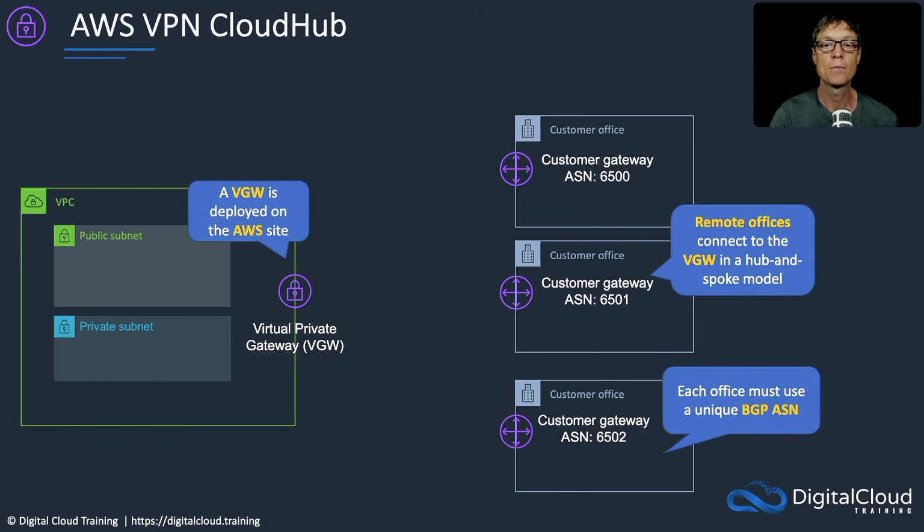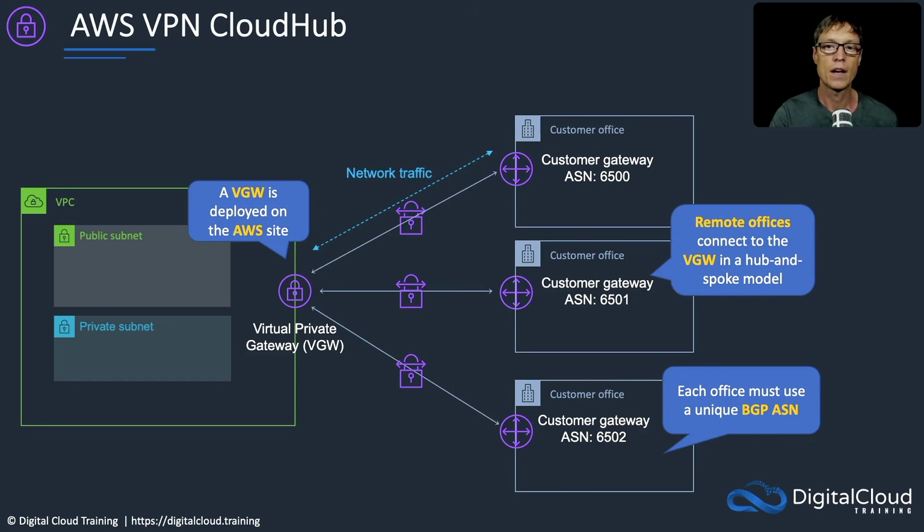So BGP is a protocol that you can use for advertising routes to different parts of your network, and each environment has its own ASN, and that corresponds with the routes that would be advertised into the network, so the IP prefixes. So you must have a unique BGP ASN for each office, and then we can establish a VPN connection between each of those customer gateways and the same virtual gateway on the AWS side.